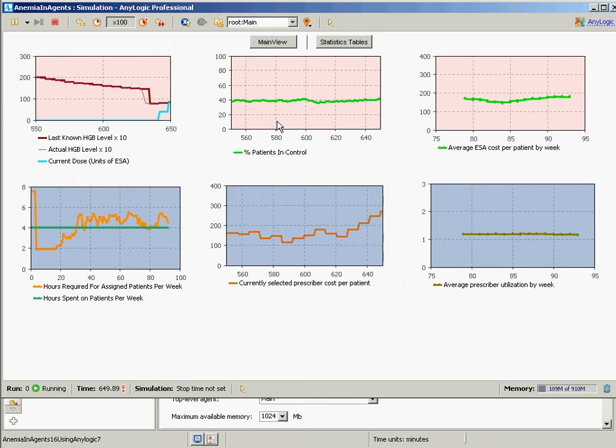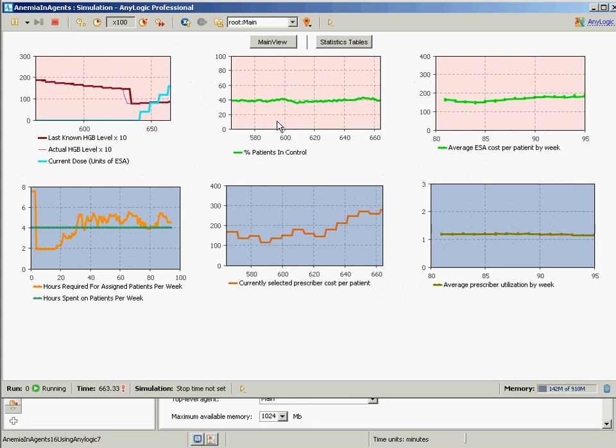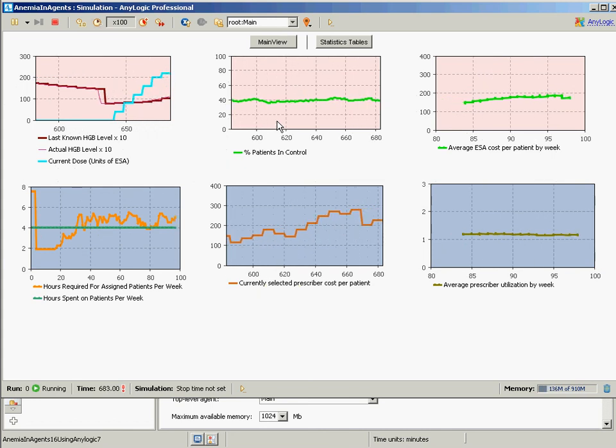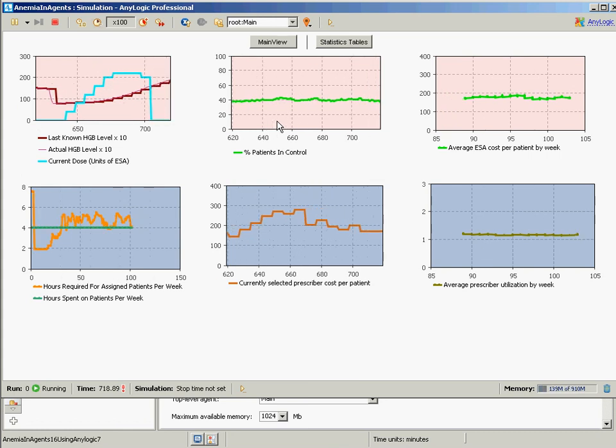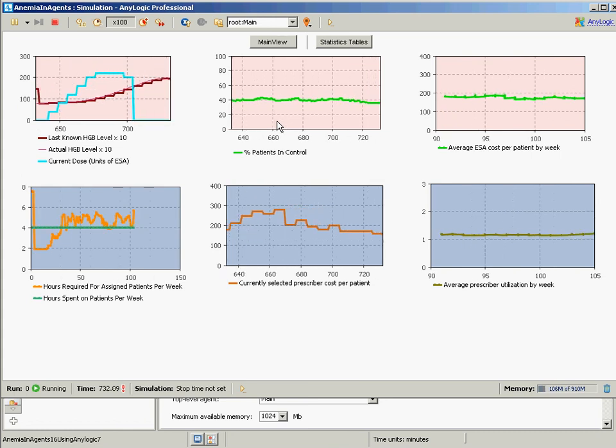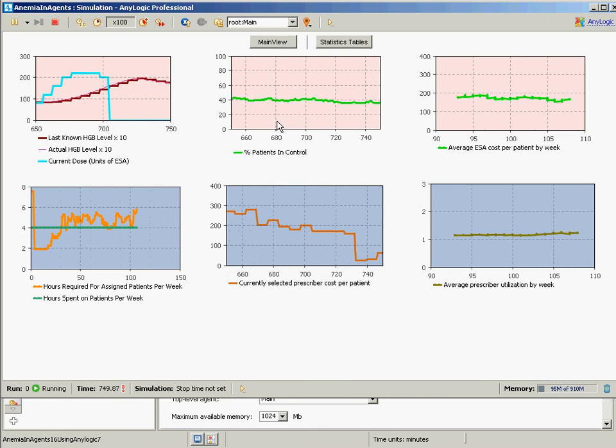It was able to lower costs per patient. It was able to lower the amount of time required by the doctor to manage each patient, and able to lower the amount of drug required. And that goes along with cost. This is one of the most costly drugs in the formulary.